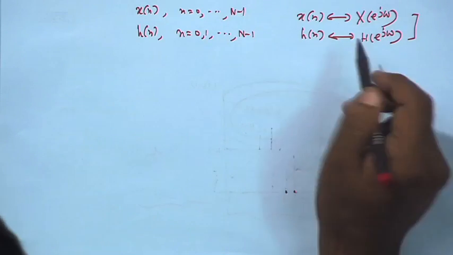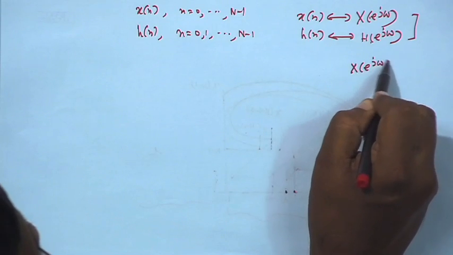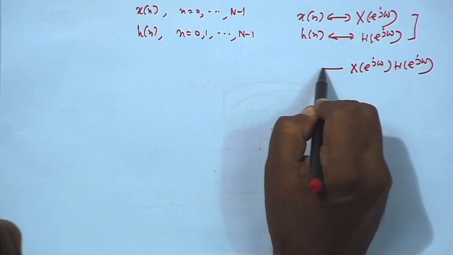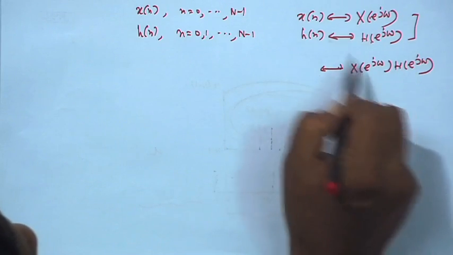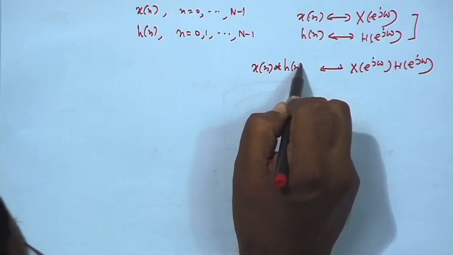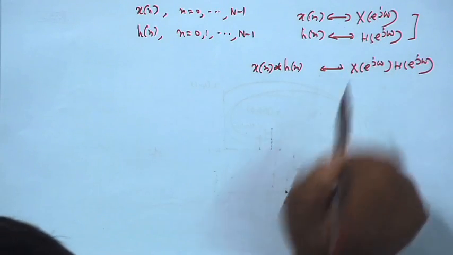Okay. Now, there we saw that if we multiply in frequency domain, then inverse DTFT of this is the convolution of this. There is convolution in time domain, gives a sequence whose DTFT is the product of these two DTFTs in frequency domain.